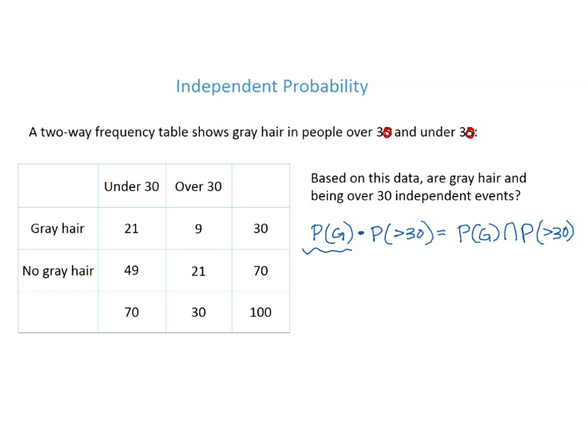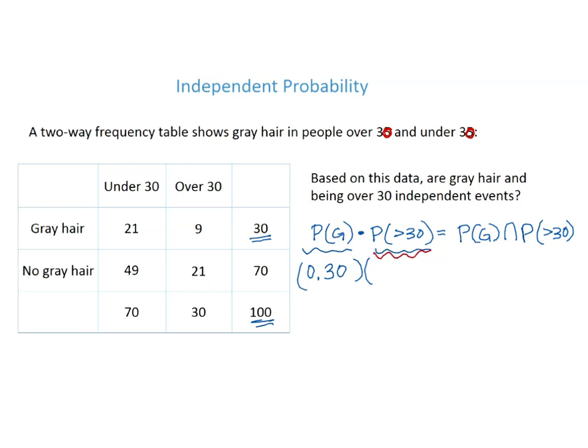What is the probability that someone in the survey has gray hair? Well, there were 30 people with gray hair, and there were 100 people surveyed total. So the probability that someone is gray is 30 over 100, or 0.30. What is the probability that someone is over the age of 30? Well, actually, let me do this in a different color.